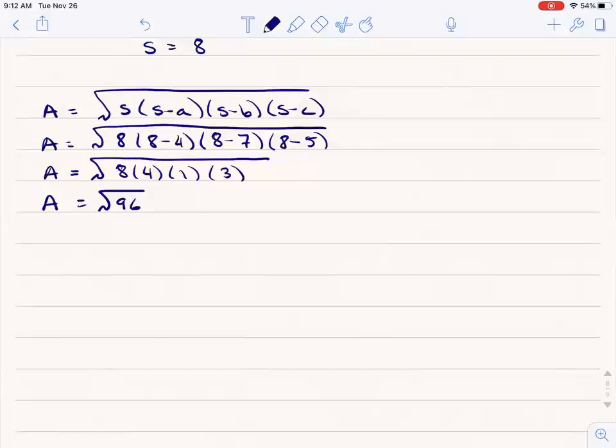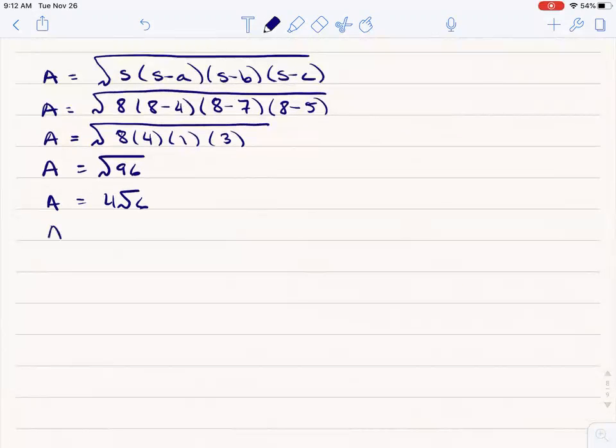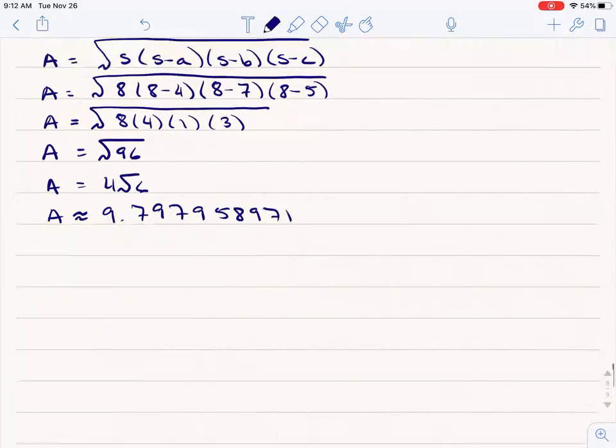Which, if you do the square root of 96 on your calculator, it'll just give you A is 4 root 6. As an approximation, we get A is approximately 9.79795891.